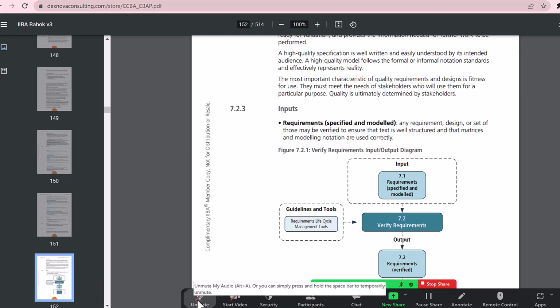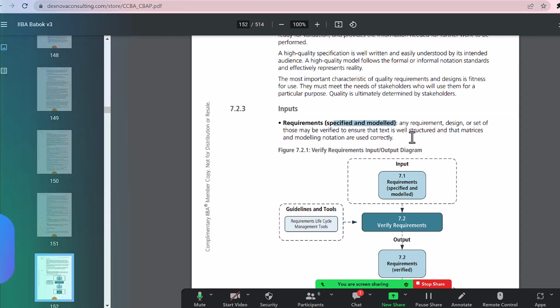Okay, so once you have written all the documents, all the requirements, now it is called specified and modeled requirements.